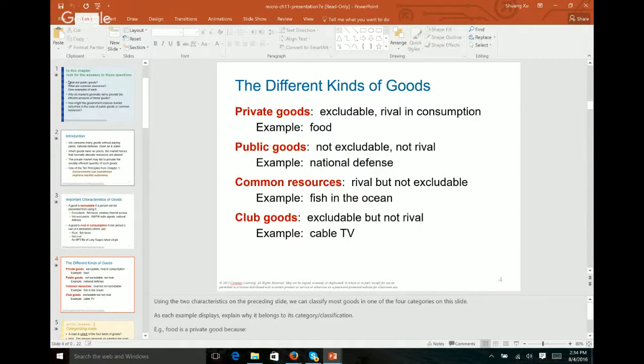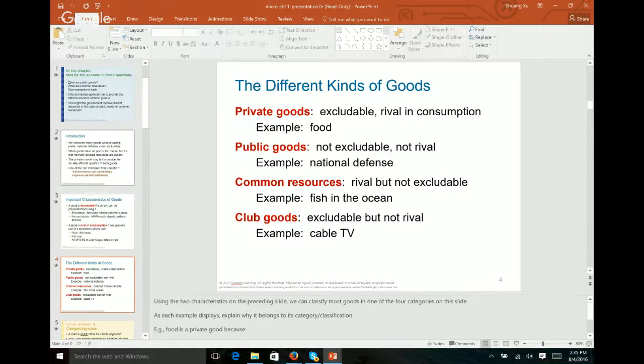The example from the book is national defense. For anybody in America, we cannot exclude their consumption of our national defense. Imagine that I didn't pay anything for the tax. Can President Obama talk to Osama saying, hey, you can attack everybody else, but you can attack Mr. X?